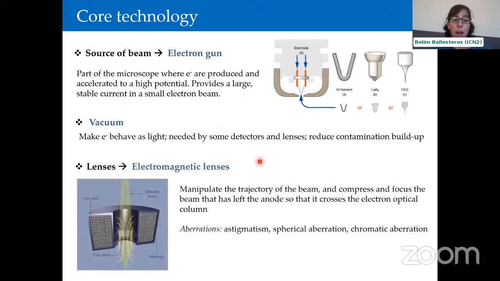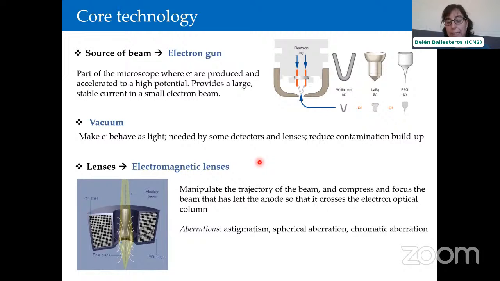And then the other thing that is common to all electron microscopes is that the lenses need to be electromagnetic lenses because they need to manipulate the trajectory of the electron beam. You cannot work with optical lenses anymore, but with electromagnetic lenses you are able to compress and focus the beam and direct it to the sample, and also when it leaves the sample, direct it to your detector.